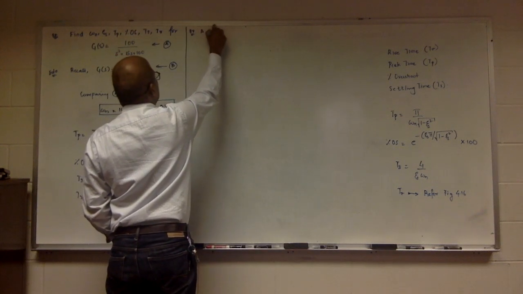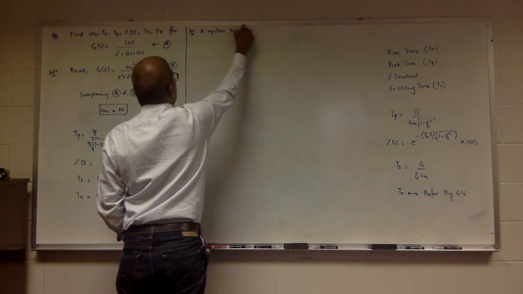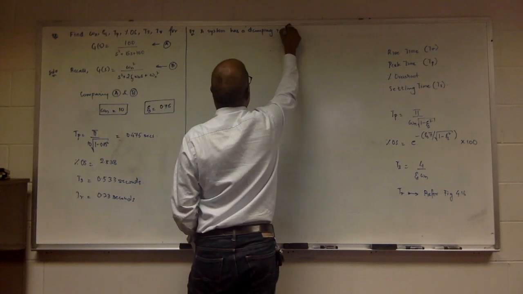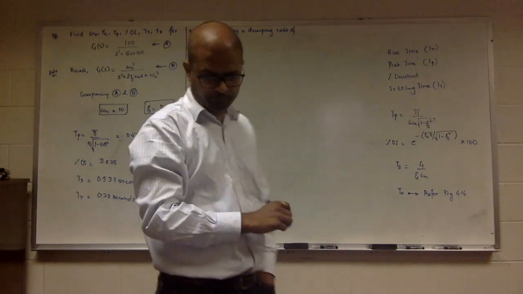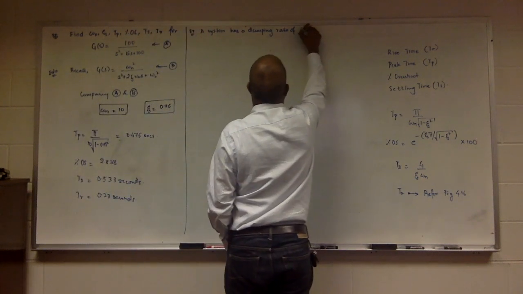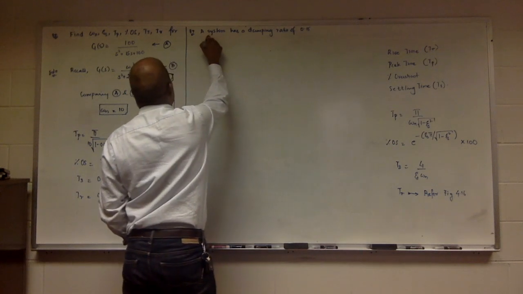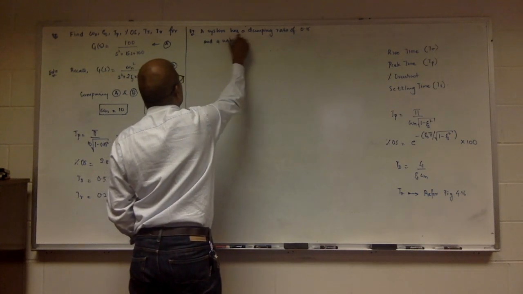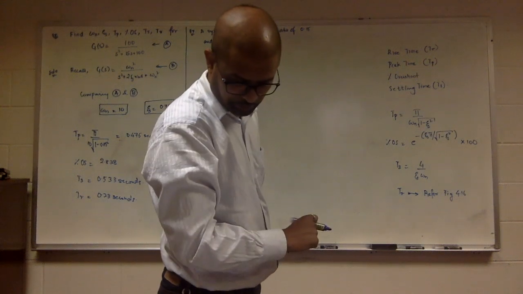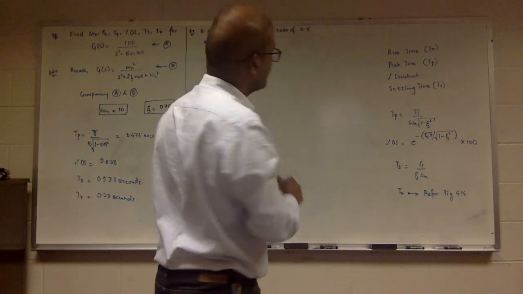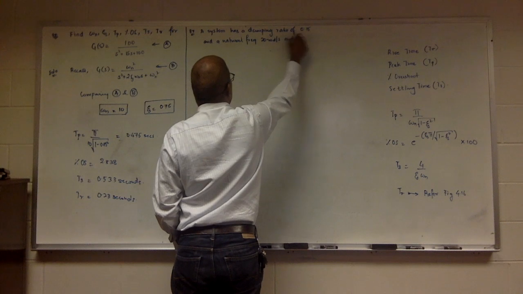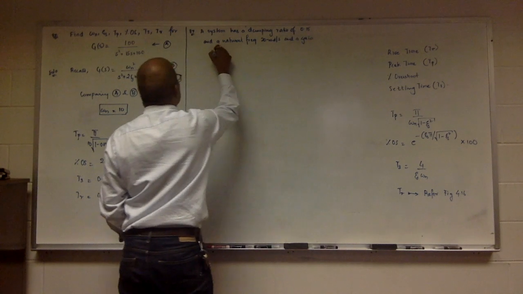The system has a damping ratio of 0.15 and a natural frequency of 20 radians per second and a gain of 2.